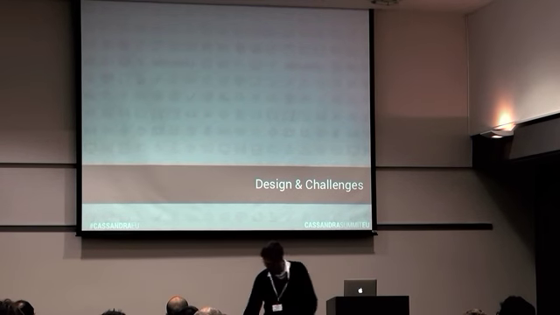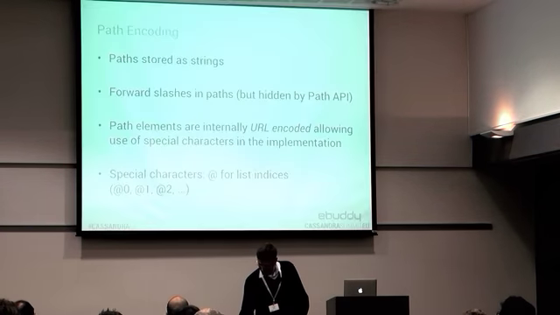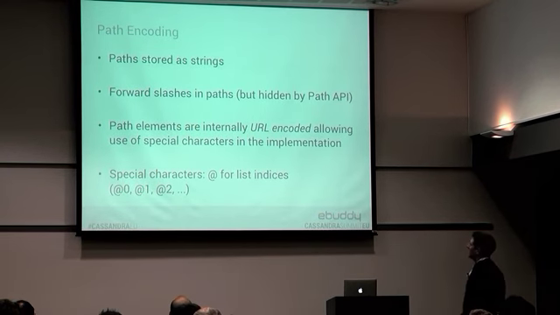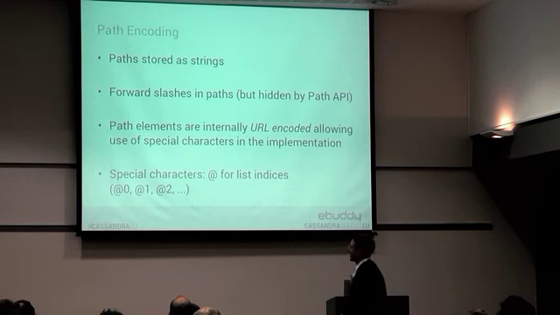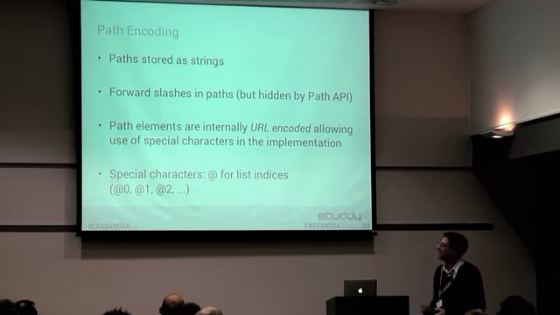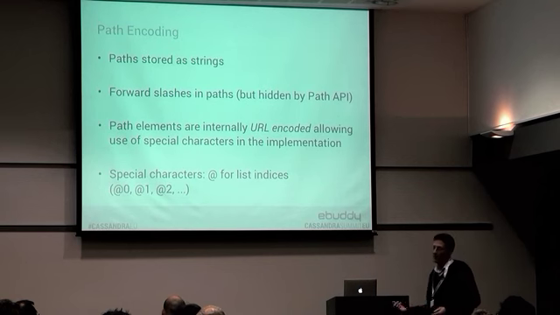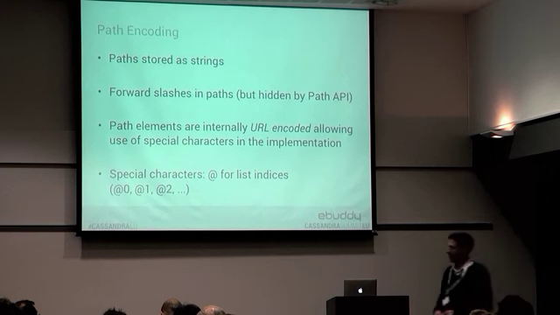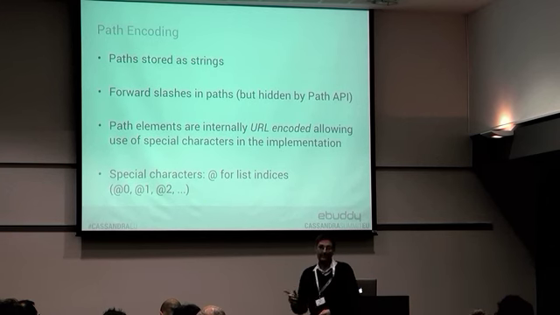So, design and challenges, some things that are more specific to use with Cassandra. The paths themselves are stored as strings. You saw that there were forward slashes in the paths; that's hidden by the Path API. It was a design decision to store them as strings. There is another option that I'll talk about a little bit later that we decided not to do, at least not yet.